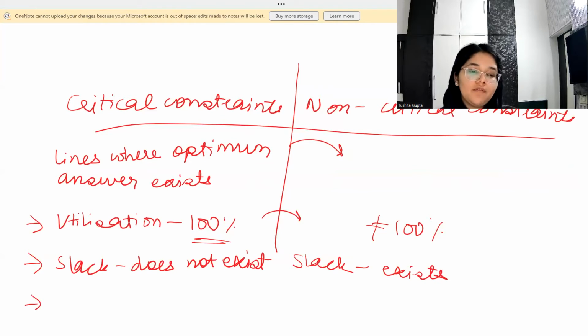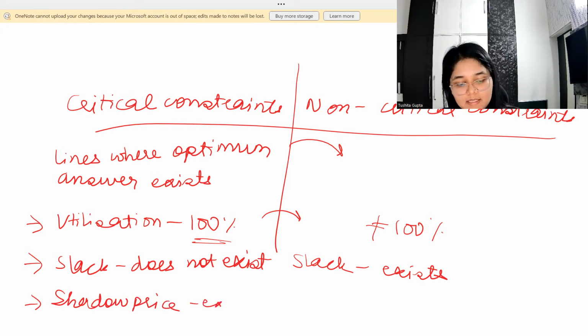And then the last point: whenever we are using something at 100%, and having one more additional unit would give us some extra contribution, there you will have a shadow price. Shadow price exists.